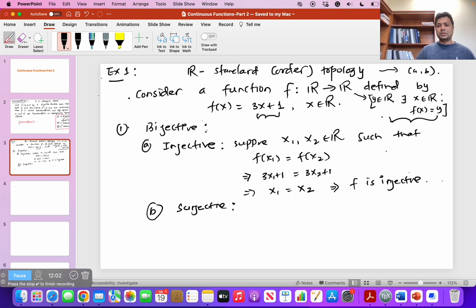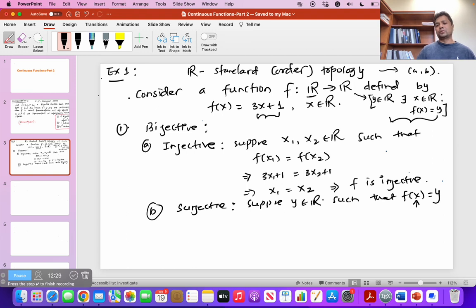To show this condition is true, let's take an arbitrary element in the codomain. Let's call that arbitrary element y. Suppose y is in R such that f of x equals y. Now we need to show that this x is in the domain, that it is a real number.